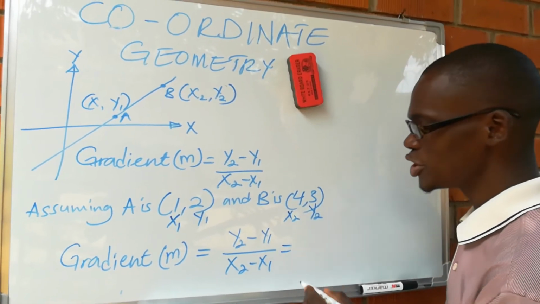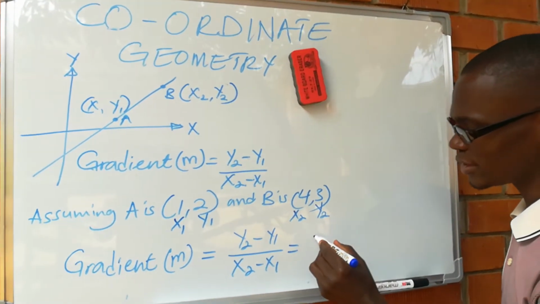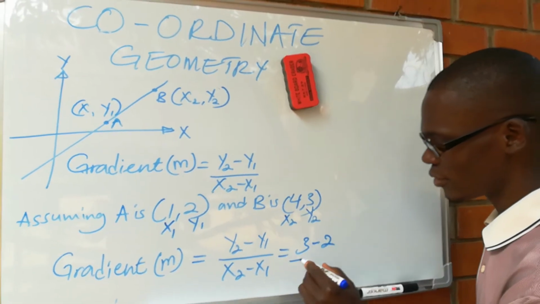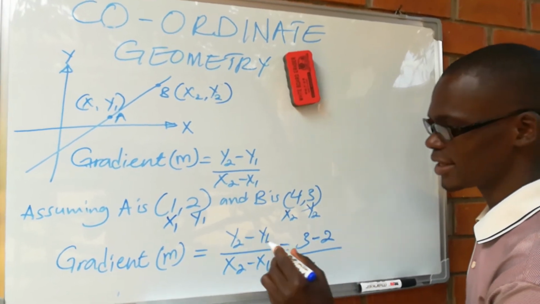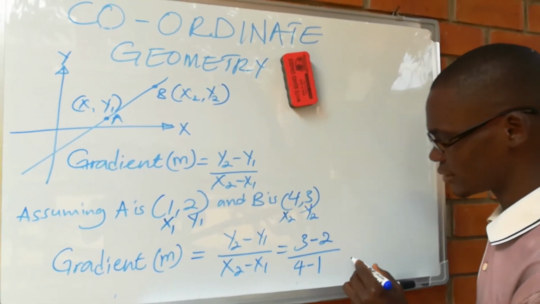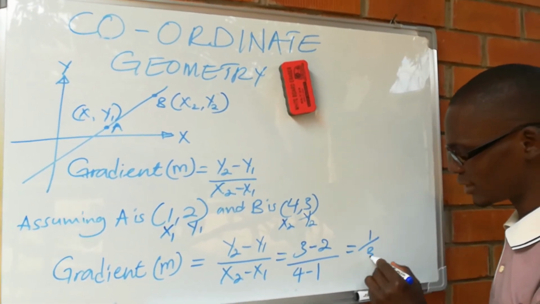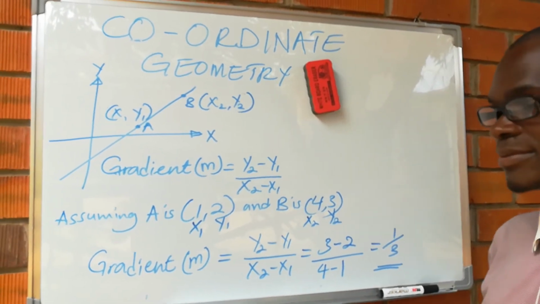So we shall substitute for y2 with 3 minus y1 which is 2, over x2 which is 4 minus x1 which is 1. Therefore, that gives us 1 over 3. So this becomes our gradient.